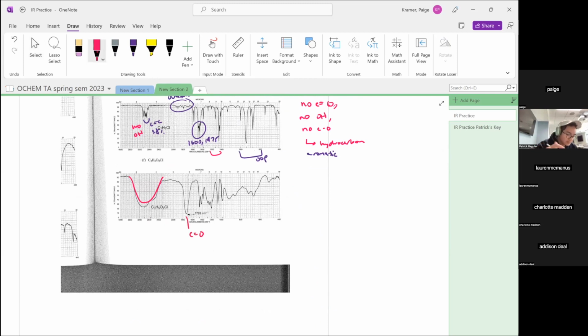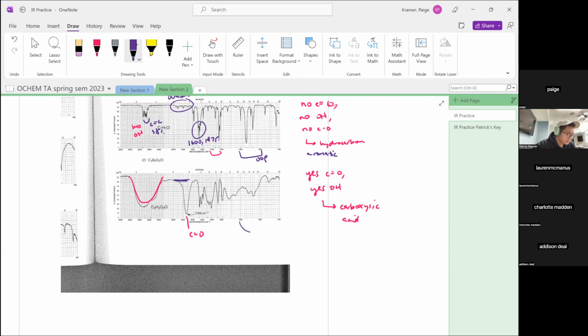Here's our C double bonded O. Yes, CO, yes, OH, carboxylic acid. And then in terms of aromatic, I did say that the C double bonded stretches do kind of get messed up when we have a carboxylic acid, so we can't really tell anything there. I'm not seeing any overtones, but that might be because of this peak right here at 1720.